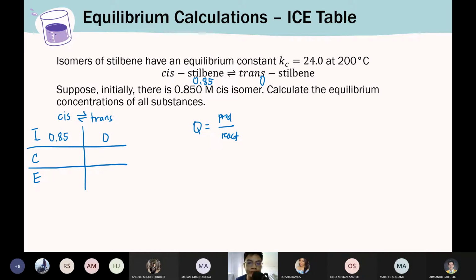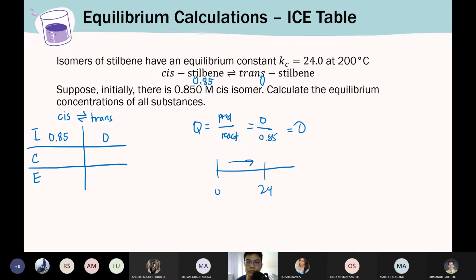If you want to prove that, we can solve for the Q. So the amount of the product is 0, the amount of reactant is 0.85. 0 divided by 0.85, 0. Okay, so kumbaga if you're going to create a number line, yung 0 andito. So you really need to go to the right na.